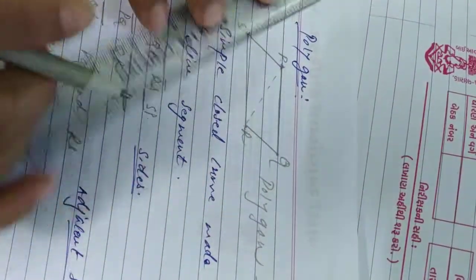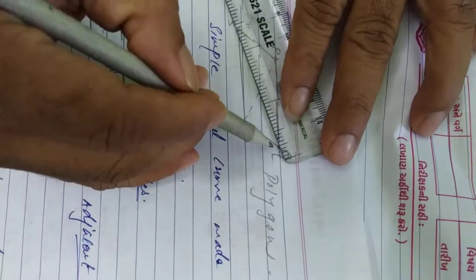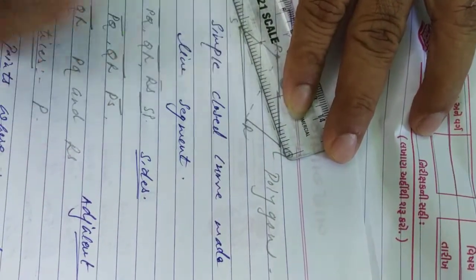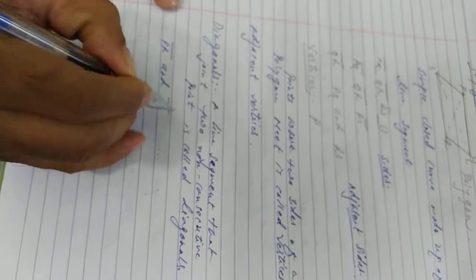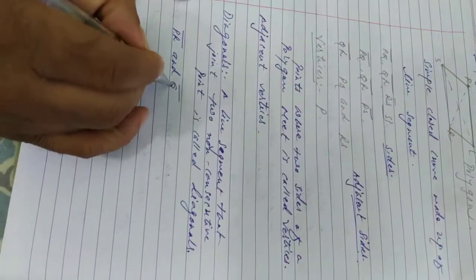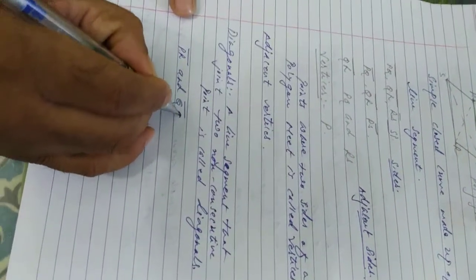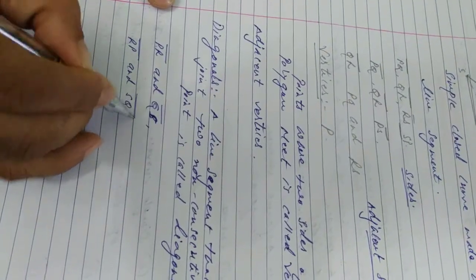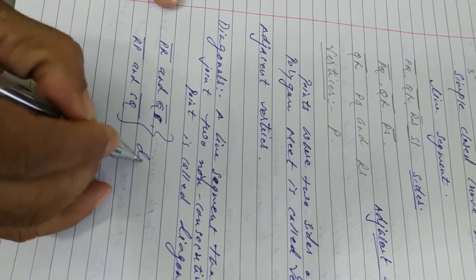So here line segment PR and line segment QS. In other words, RP and SQ are the diagonals.